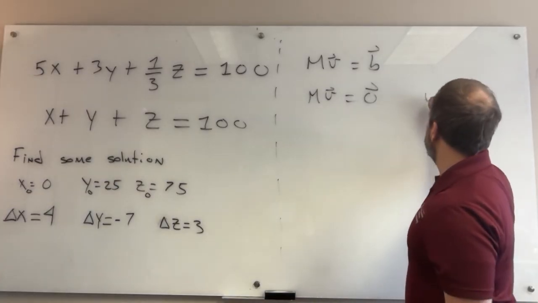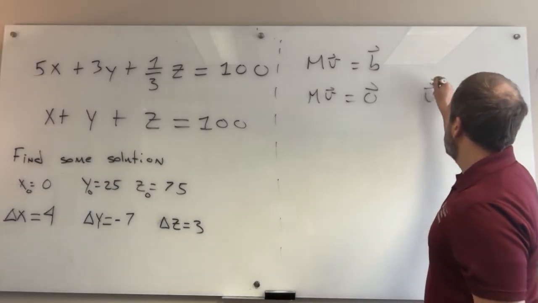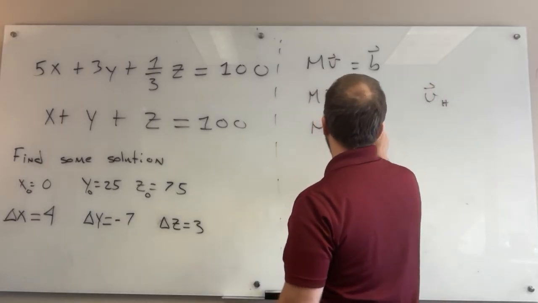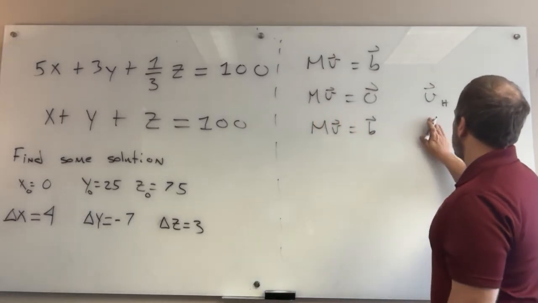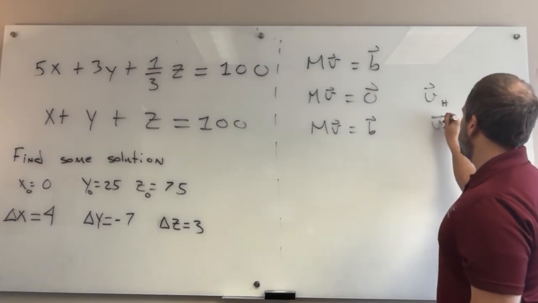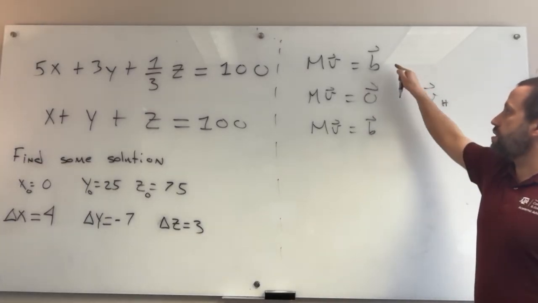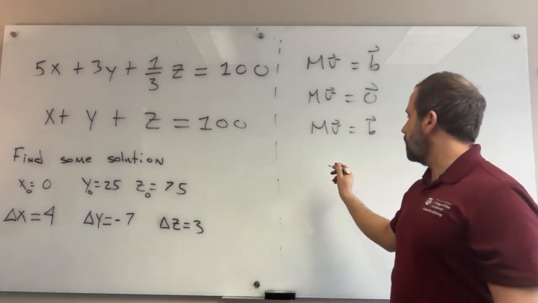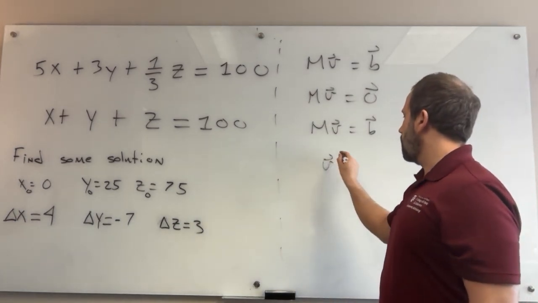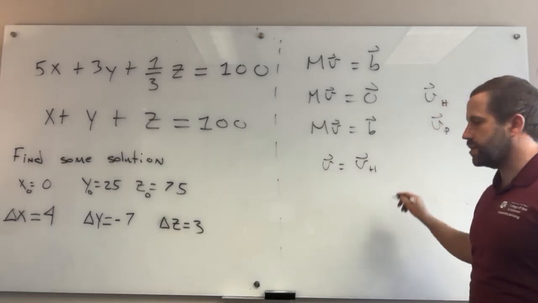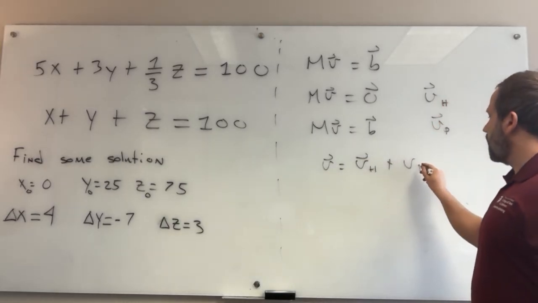We'll say this solution is v_H, and then find a particular solution to Mv equals b. We'll call this v_P. Then any solution to this non-homogeneous equation can be written in the form v equals the general solution to the homogeneous equation plus a particular solution.